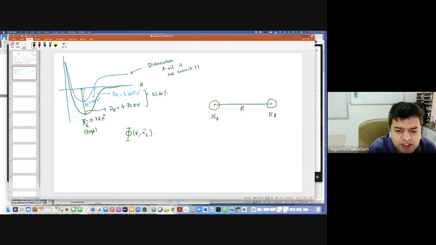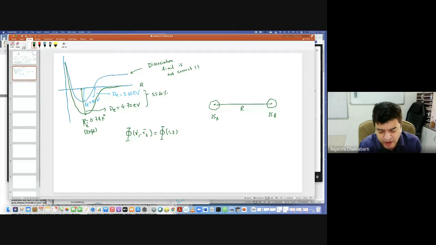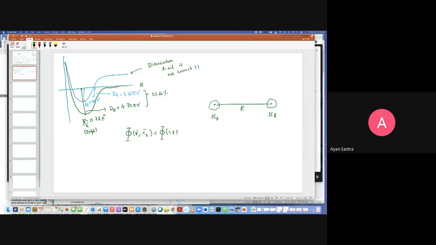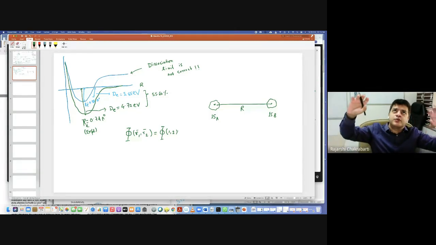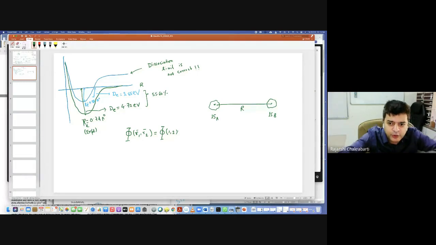I am just changing the notation, making my life easier. I'm calling it 1, 2. Is that fine with you? Because I don't want to write R1 bar, R2 bar again and again. This is for 2 electrons. So this is a situation when those two nuclei are largely separated. So electron 1 is close to nucleus A, electron 2 is close to nucleus B. And in this case, an approximation would be given by the product.